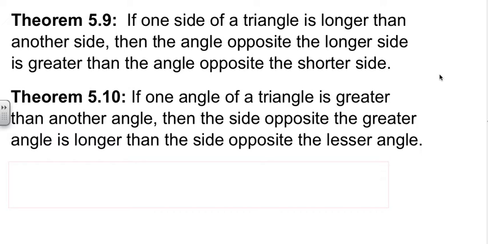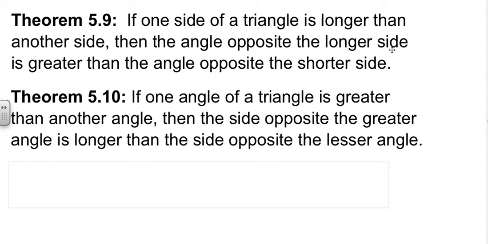And I'll show you a picture here in just a second so you can see what I'm talking about. And 5.10 is basically the converse of 5.9. If one angle is greater than another angle, then the side opposite the greater angle is larger than the side opposite the smaller angle.